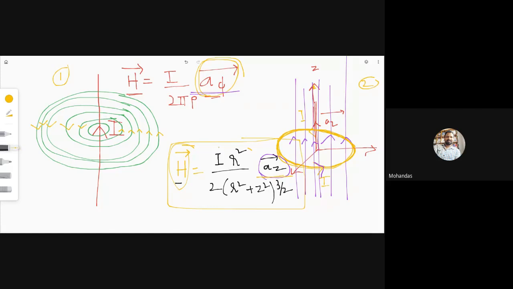Now, the magnitude is depending upon the current I. And what is the R here? Tell me the R. R is the distance from the source point. This is the distance R, we can say it is the radius of the circular loop.